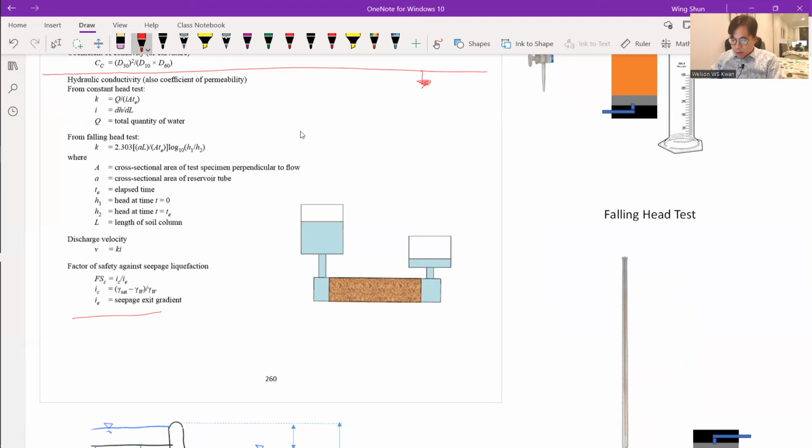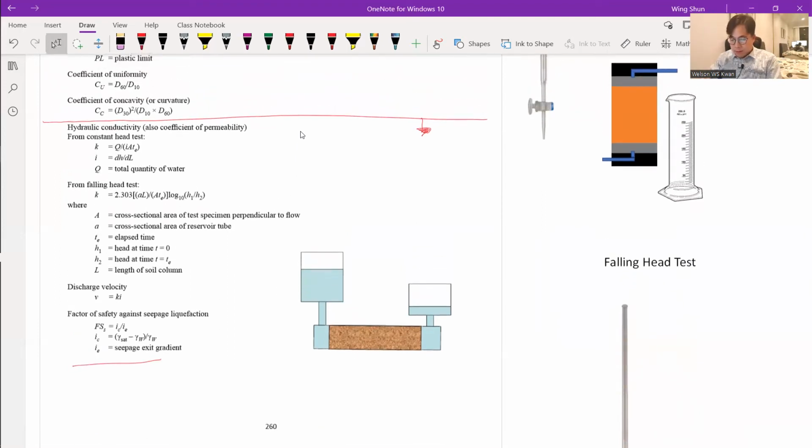So let's go through this half page and see what we covered in the FE exams. Soil hydraulics is highly laboratory testing dominant because it has to test for the constant head test and falling head test.